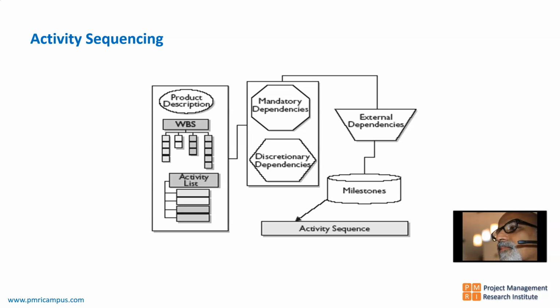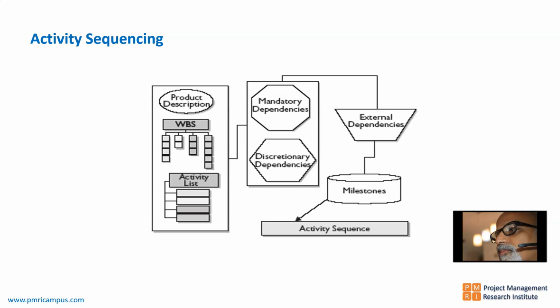Whereas for very small projects, maybe a project manager may do all these things. You may not get expert judgment from outside. A project manager has the skill set, and it's a small team, maybe a 10-member team working on a project for 3 months. In that case, a project manager may do the activity sequencing.